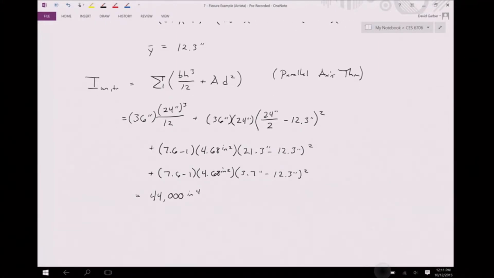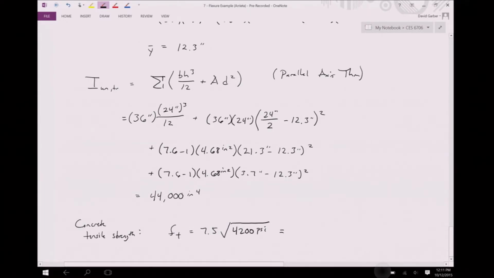So to find our cracking moment, we'll need to find the concrete tensile strength. So our ft is just 7.5 roots of our concrete strength, which was 4,200 psi.